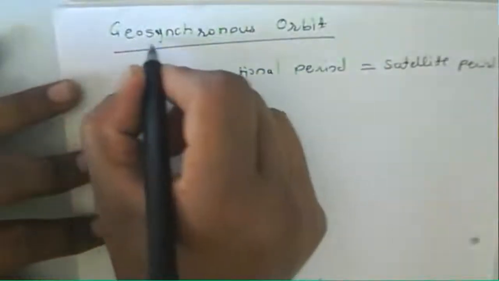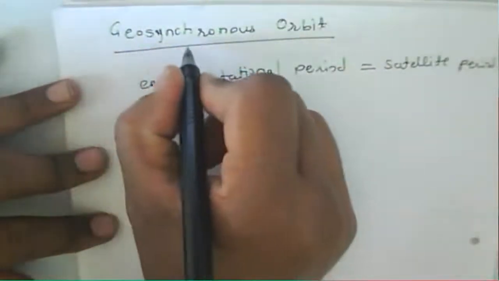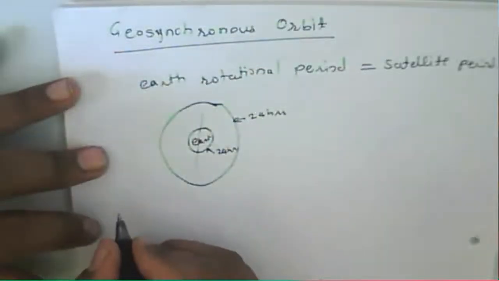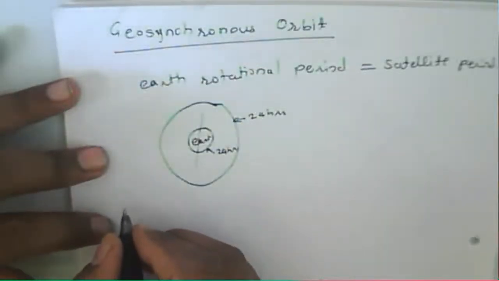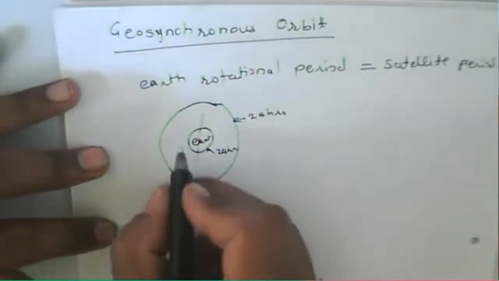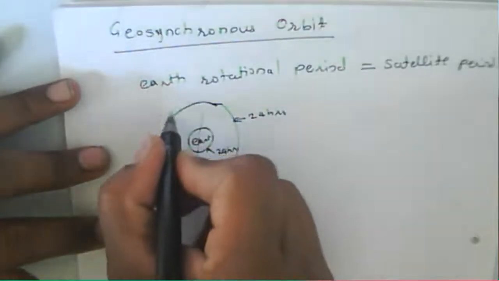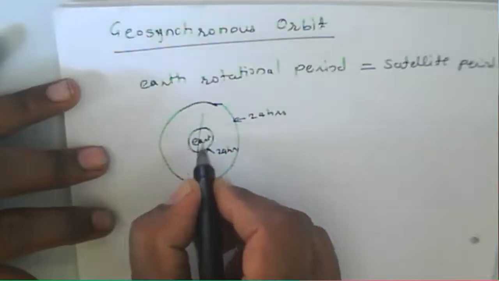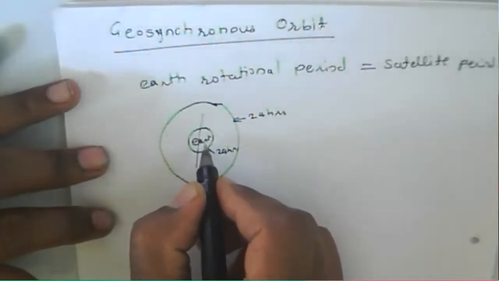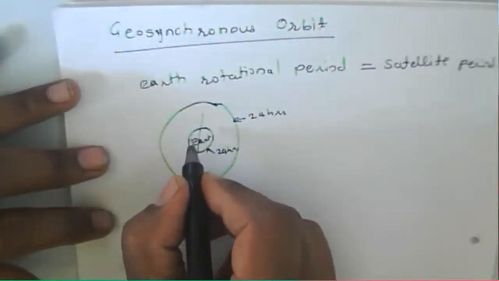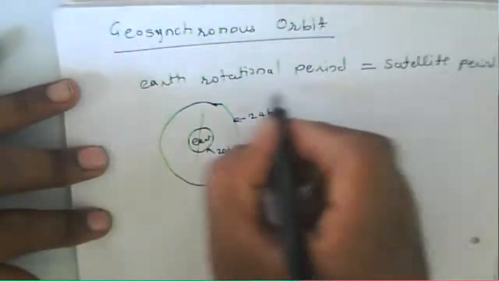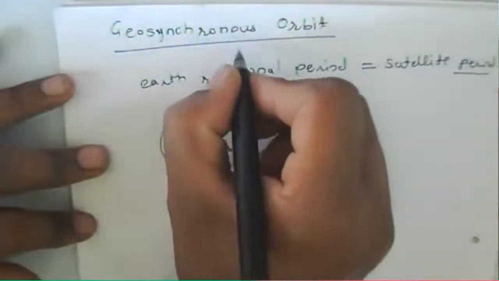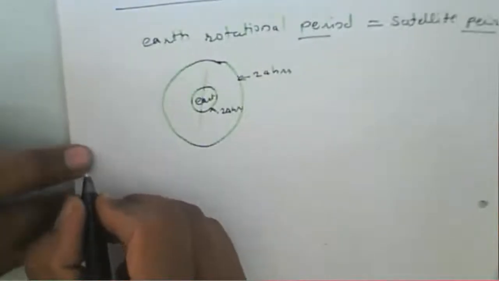That particular orbit is called a geosynchronous orbit because the period of the satellite around the Earth and the period of the Earth around its axis are the same, so they are synchronized. That's why it is called a geosynchronous orbit.